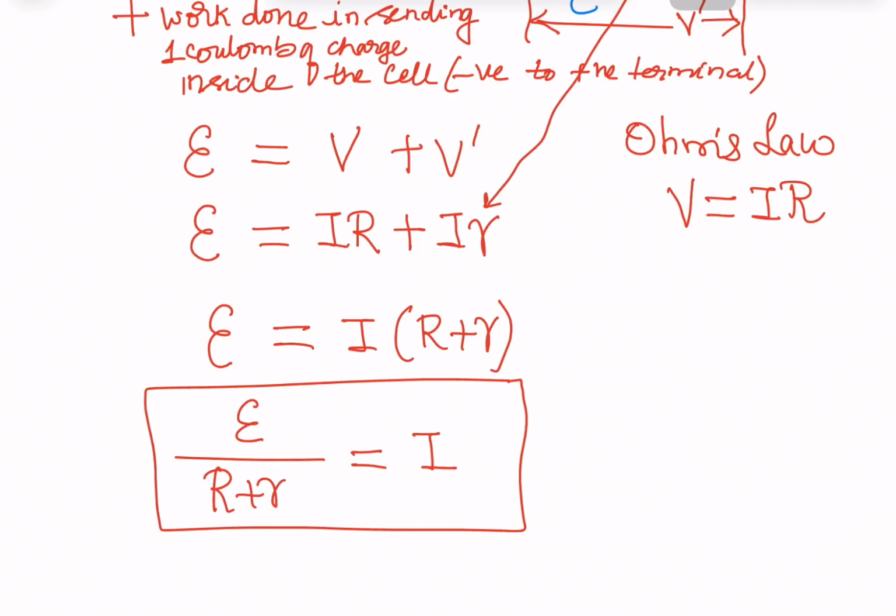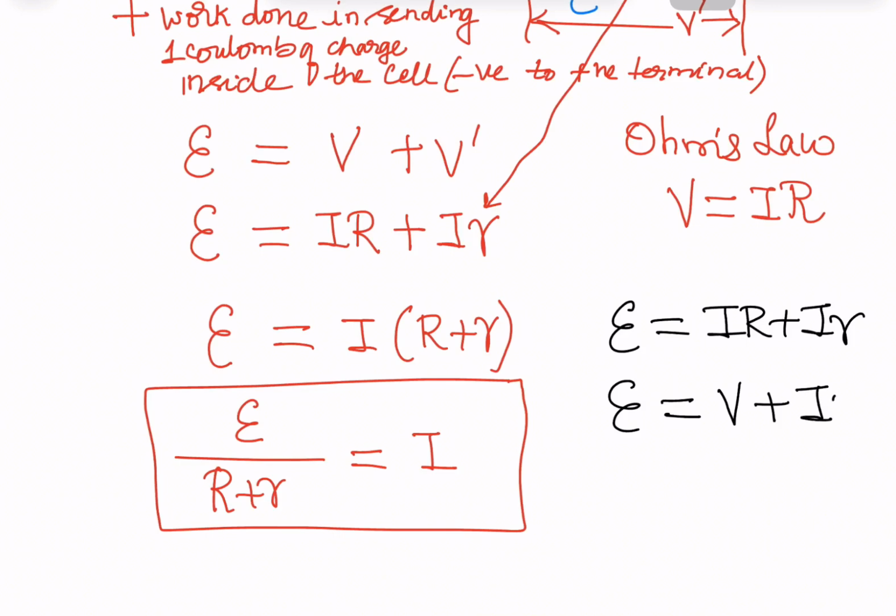But here, the equation we are going to use for our derivation is E is equal to IR plus I into small r. That is, EMF of the cell is nothing but the potential drop in the external circuit IR plus I into small r. Shift this IR to the left side.